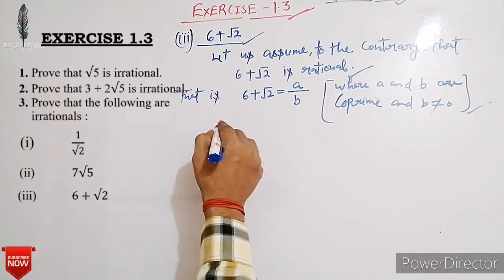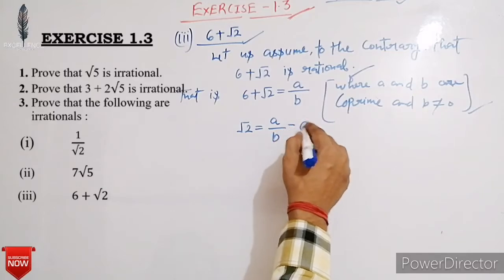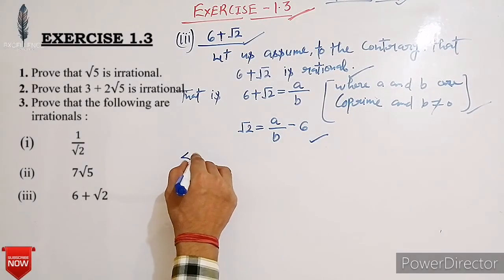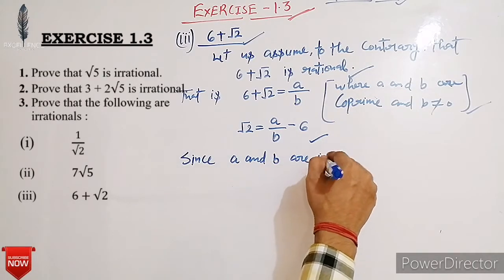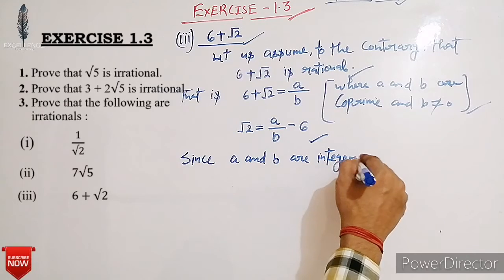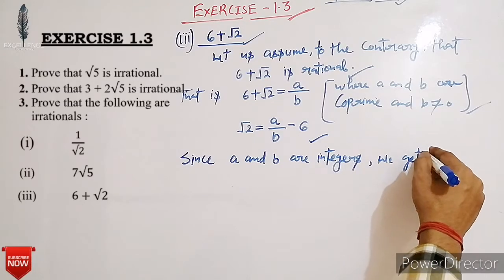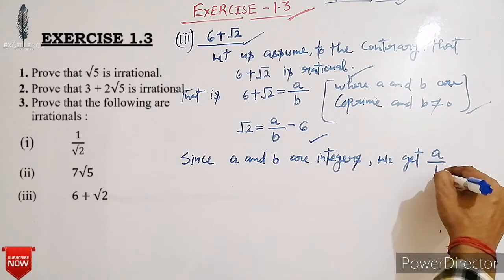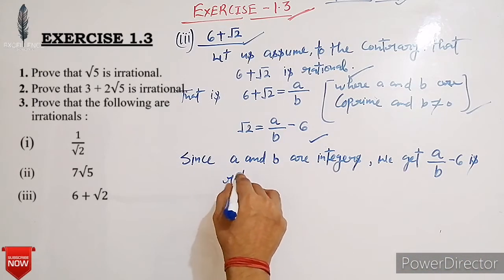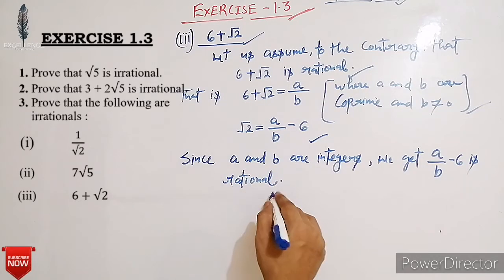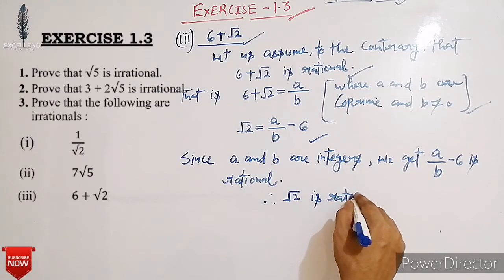Okay. So here √2 equals a/b minus 6. Here, since a and b are integers, we get a/b minus 6 is rational, and hence √2 should be rational.